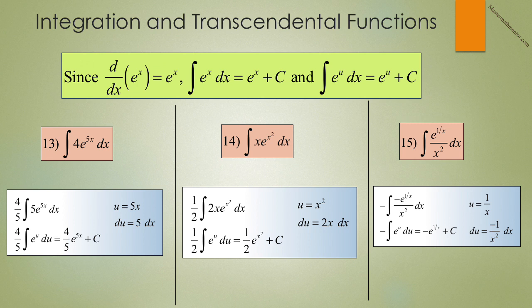And this is negative the integral of e to the u du, which again we know is negative e to the u, or negative e to the 1 over x plus c. I suggest you take the derivative of this expression and see if you come back to the original problem.